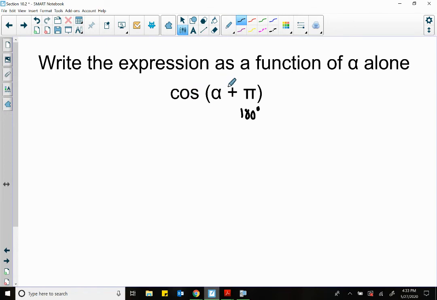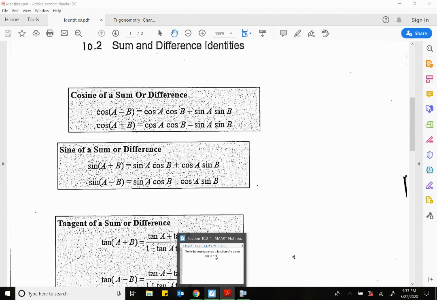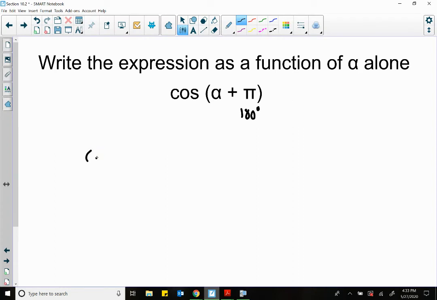So cosine of alpha plus pi, when we look at that formula, we're doing plus, so we'll need to take cosine, cosine, minus sine, sine. So we'll have cosine alpha, cosine pi, minus sine alpha, sine pi.